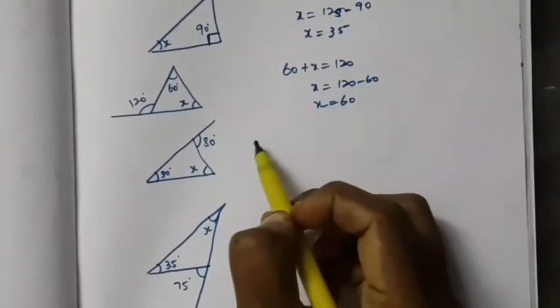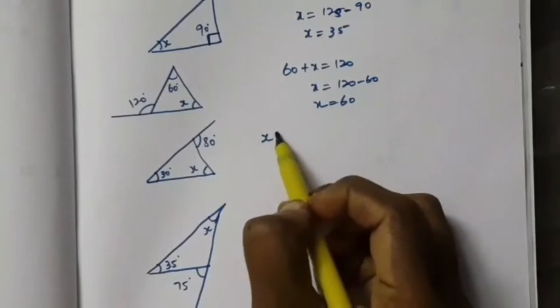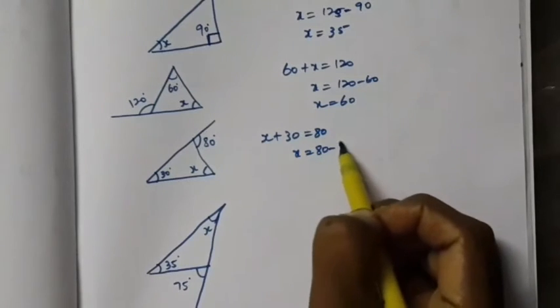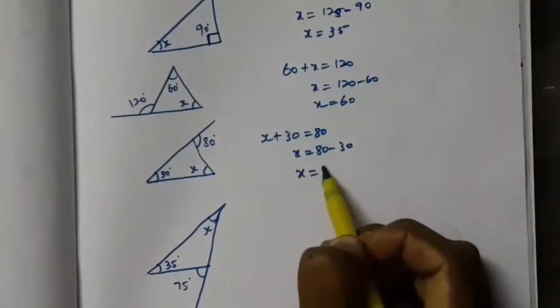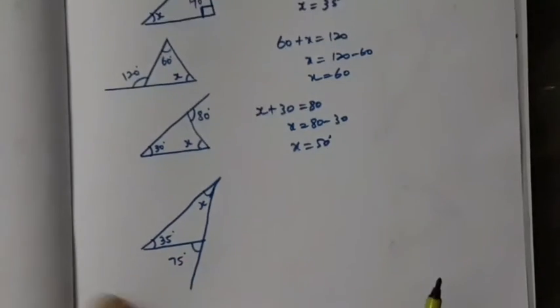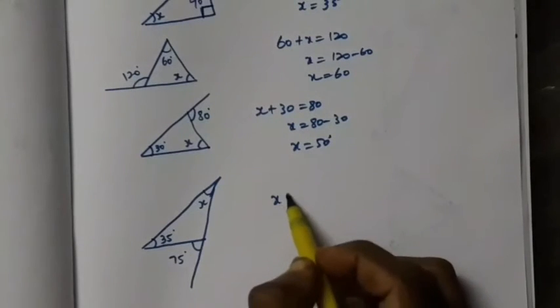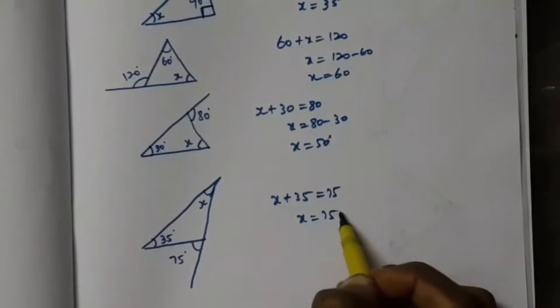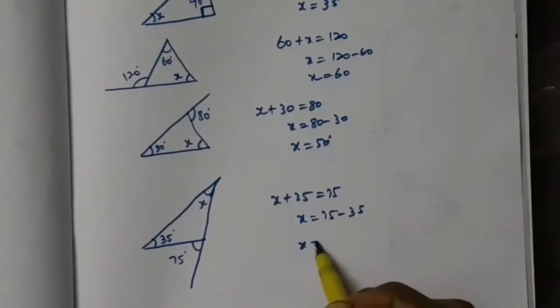Here x plus 30 equals 80, x equals 80 minus 30, x equals 50. Here x plus 35 equals 75, x equals 75 minus 35, x equals 40.